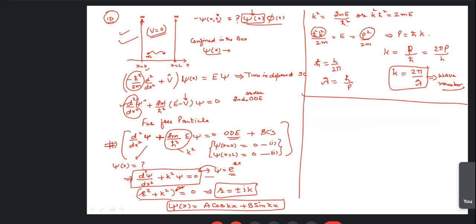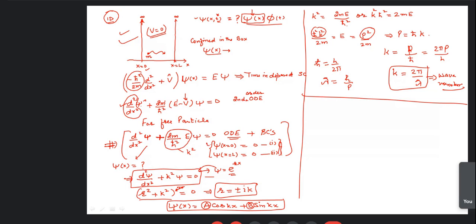Okay, so for this particle which is confined to this 1D box between these walls from x equals 0 to x equals L, the wave function associated with this particle is in this form. It is a cos kx plus b sine kx. We understand what k is. We have these arbitrary constants a and b, and we can find these arbitrary constants by applying these boundary conditions.